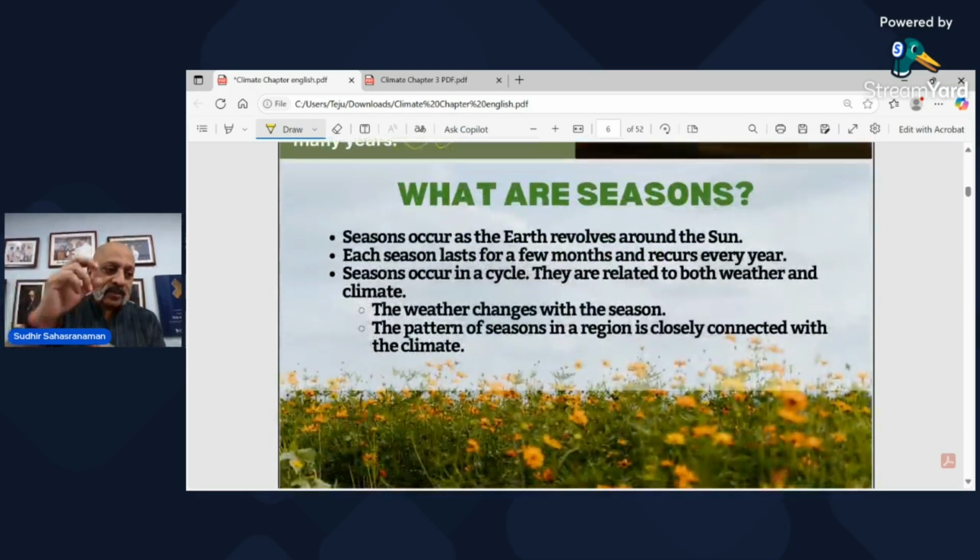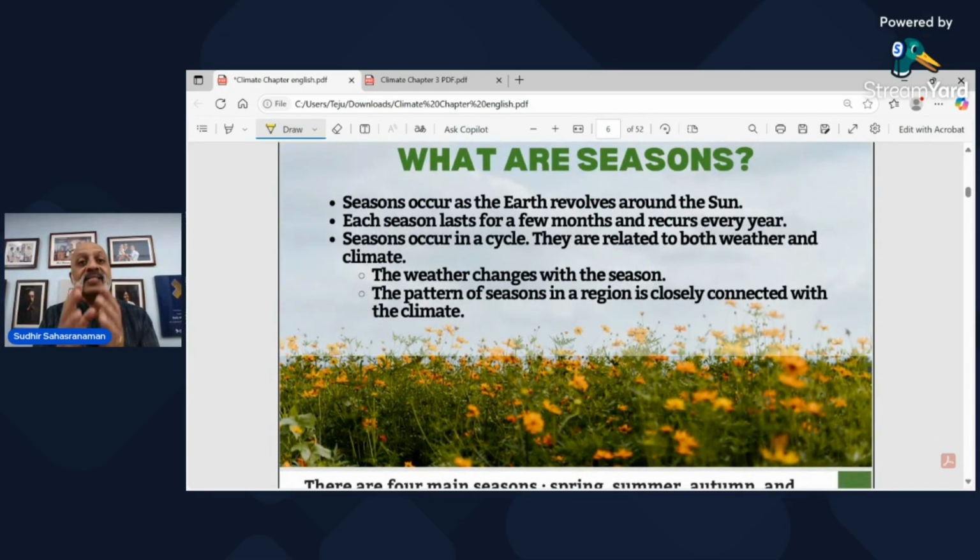The third term that you need to understand clearly is season. What are seasons? Seasons occur as the earth revolves around the sun. Each season, the summer season lasts for 3 to 4 months, the winter season, let's say from November till February, and the rainy season also we talk about.